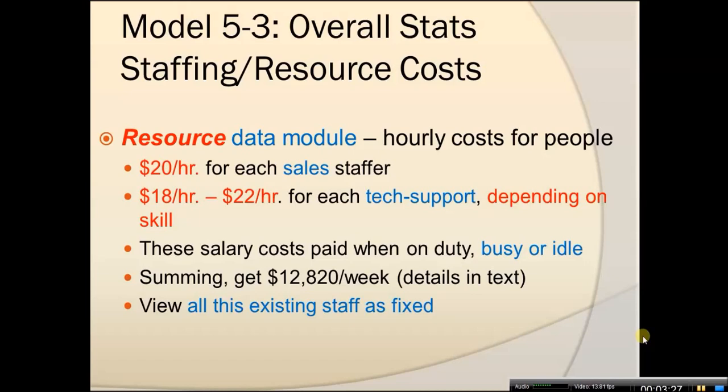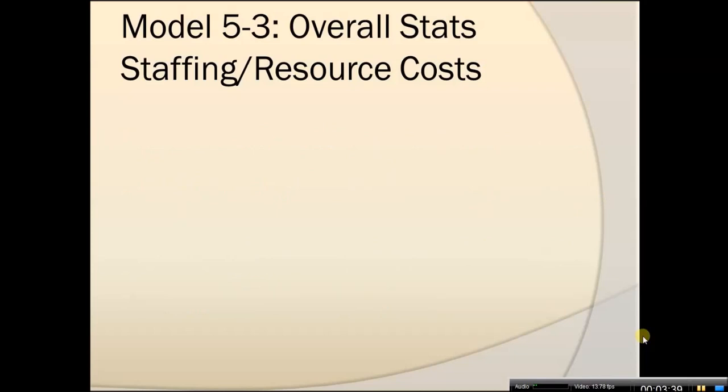So we view all of this existing staff as fixed, but we also want some modification. As I mentioned earlier, we want to be able to increase the number of staff. So let me first of all make sure that the costs are included in our ARENA model, and also rename our model from 5.2 to 5.3.